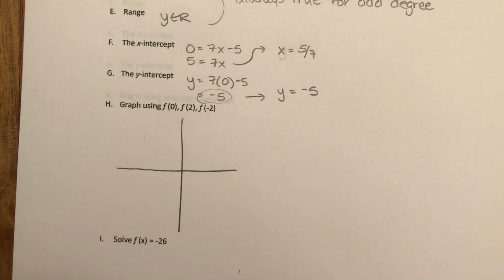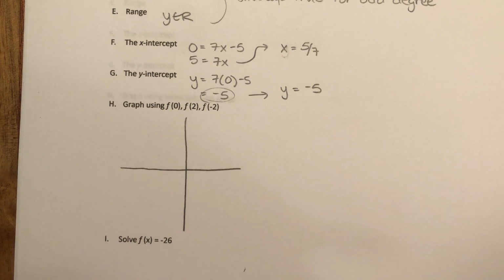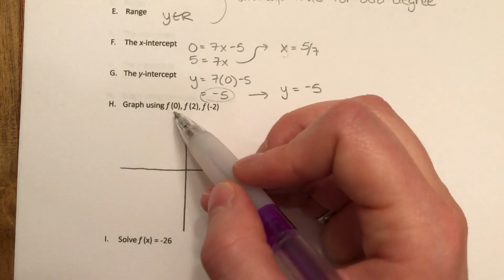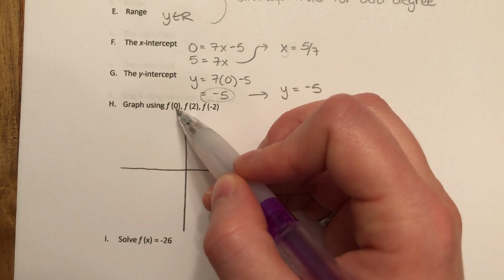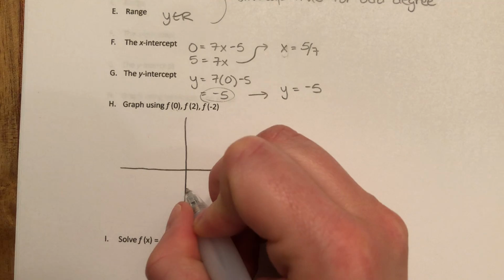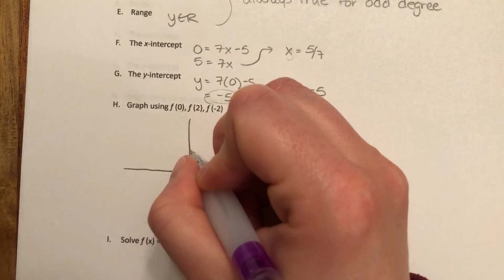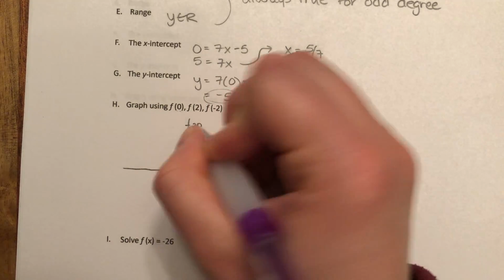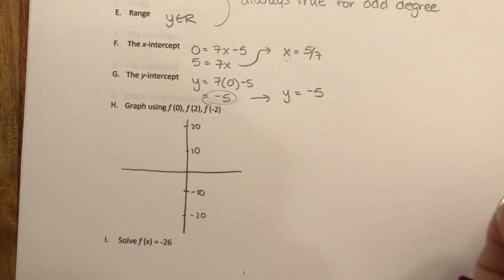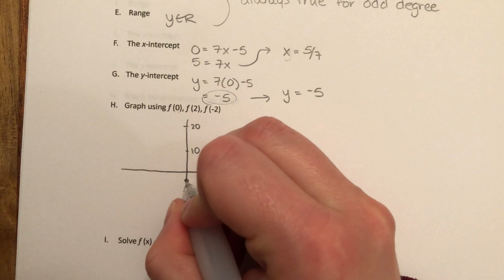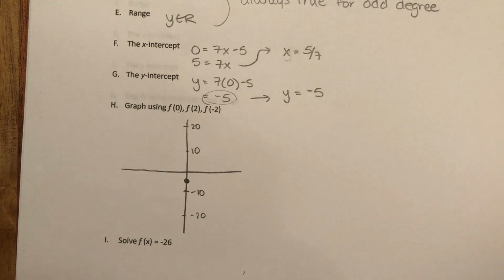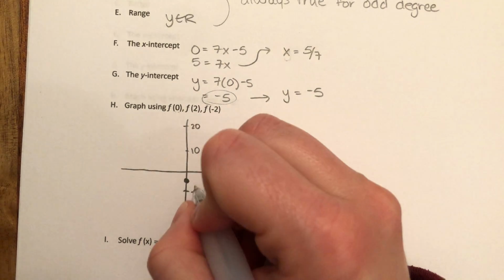But honestly, I think just doing it on your calculator is a more sure way to get it right every time. Okay, so if I wanted to use f at 0, that is my y-intercept. So that's -5. I know this is going to be -10, -20, +10, +20, because I know that this kind of spans. So that y-intercept happens kind of halfway between there at -5.